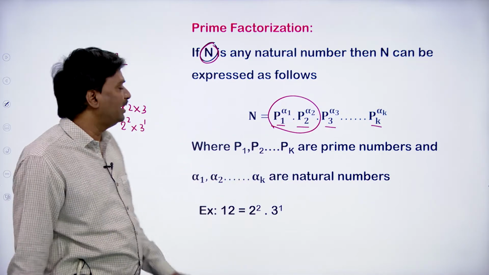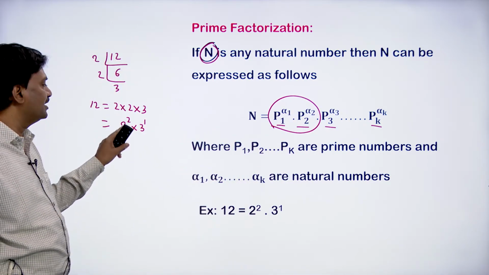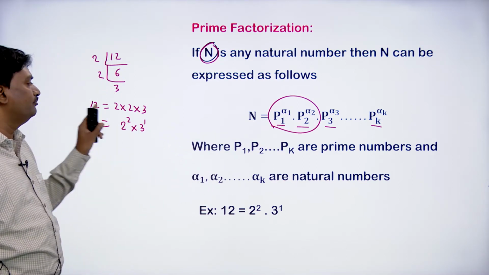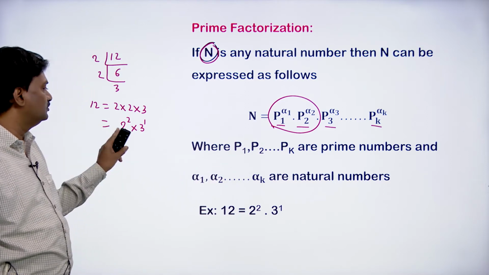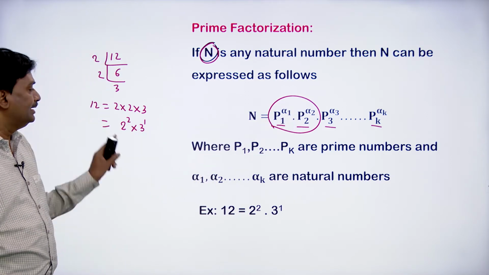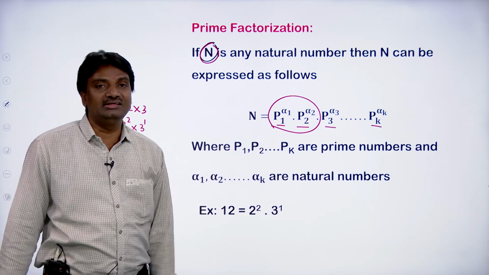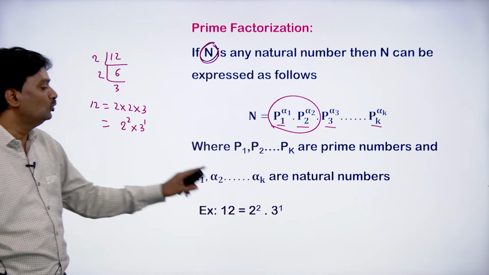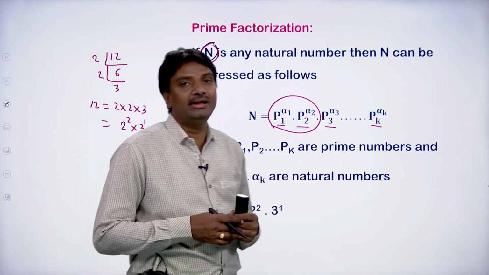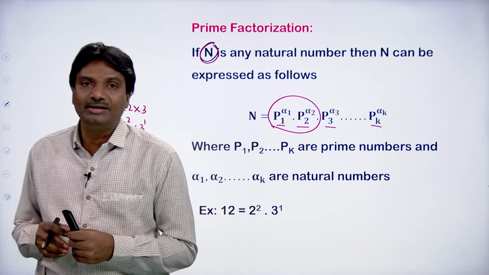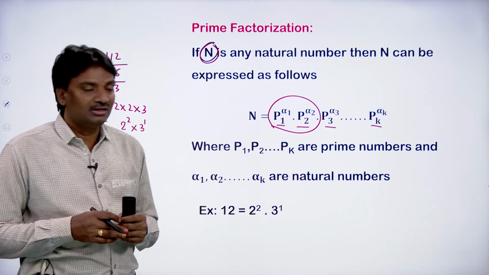If we take the number n as 12, that can be written as 2 square into 3 power 1, where in place of n we have 12, p1 power alpha 1 is 2 square, and p2 power alpha 2 is 3 power 1. Clearly 2, 3 are the prime integers, and the powers 2, 1 are the natural numbers. Whatever the number n may be, we can express it like this.